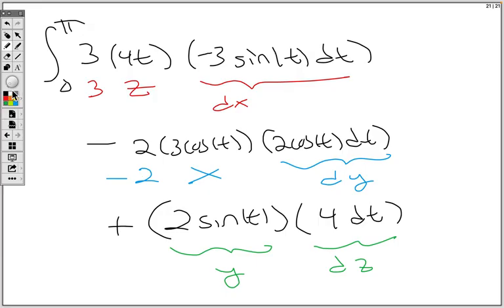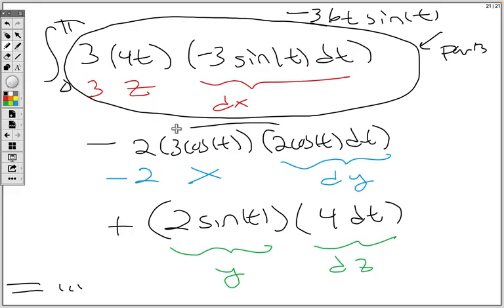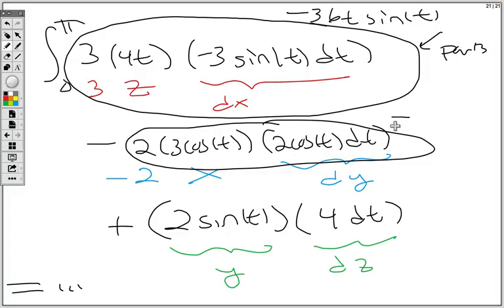And now you go off and integrate that. So what would you do for this first part here? You'd have like a negative 36t sine of t. How would you tackle this piece of the integral? What would be your strategy there? Yeah, it'd be parts. You could use the tabular method on this. Here looks like you're going to be getting minus 12 cosine squared.